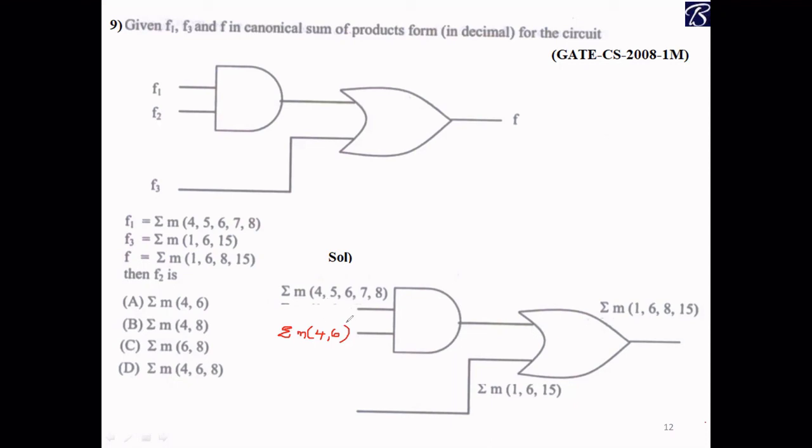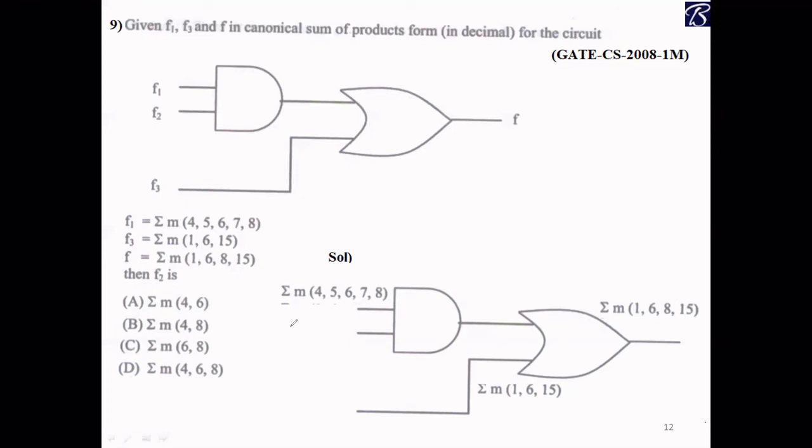So 4 and 6, they are present. That's why the output is sigma m of 4 comma 6. What is the output of the OR gate? In the OR gate, all minterms should be present. So 4 should be present, but in the given output, the 4 is not there. That's why this option is wrong.